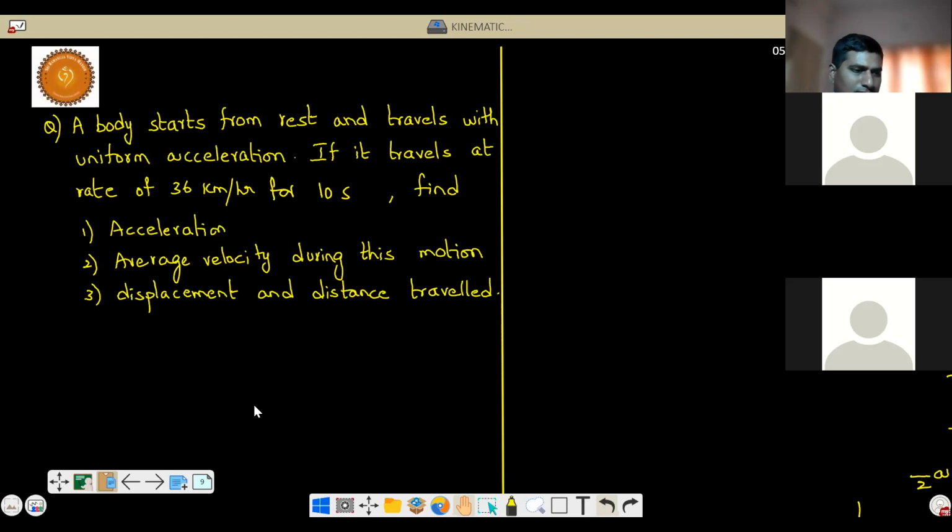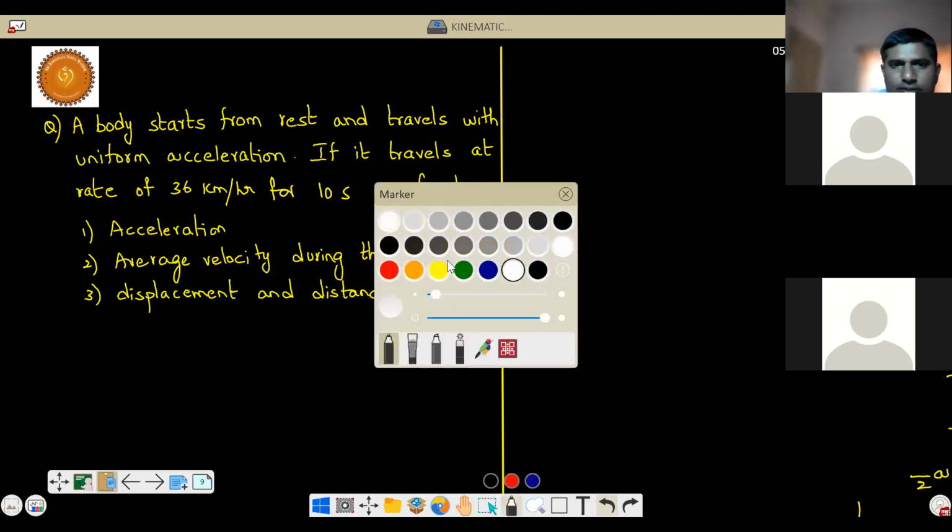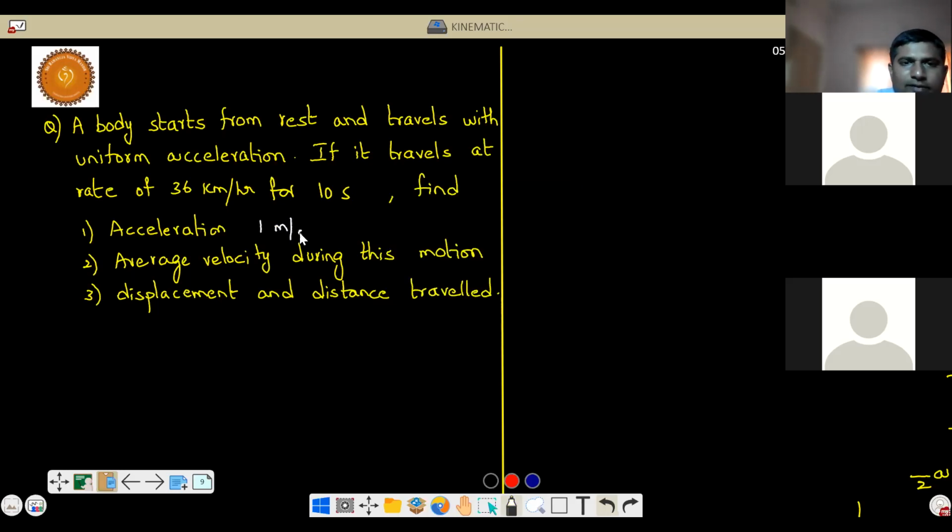Sir, I got acceleration as 1 meter per second square. Okay. And the average velocity.